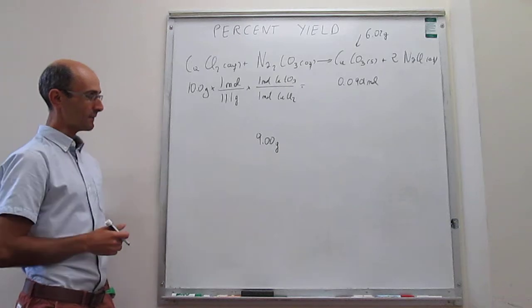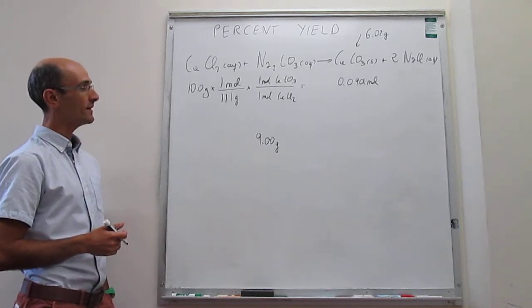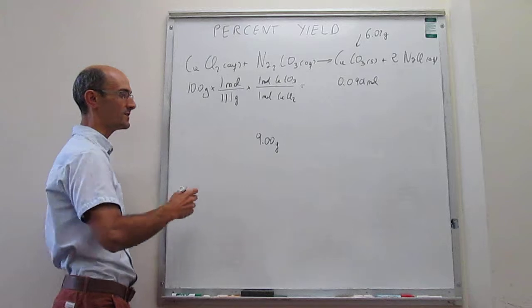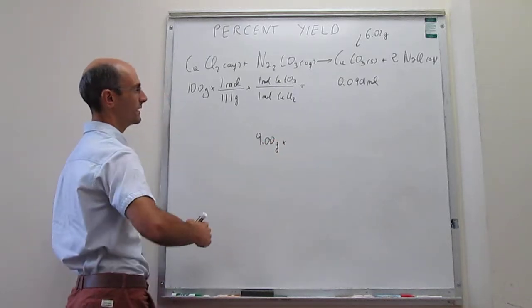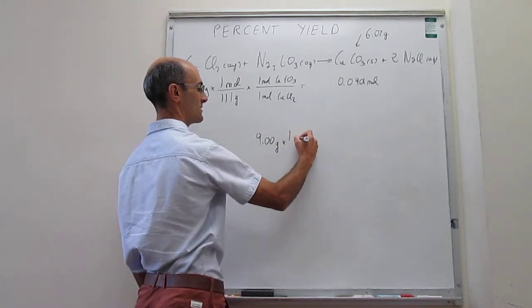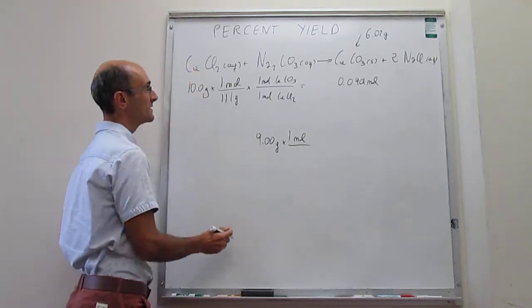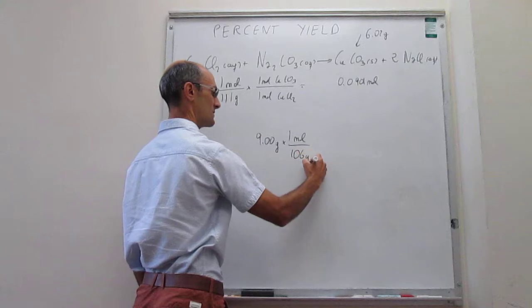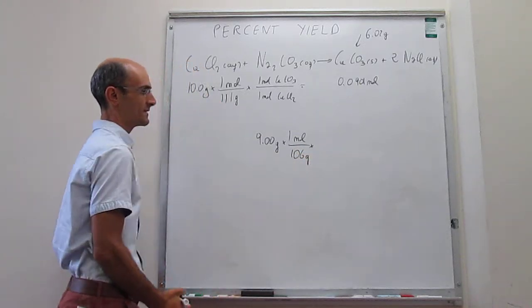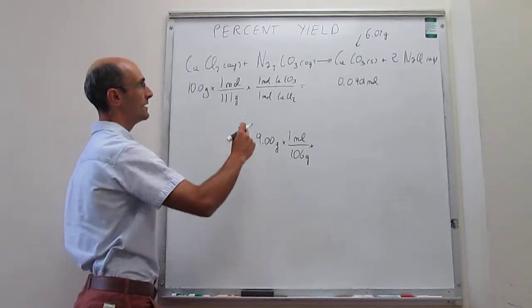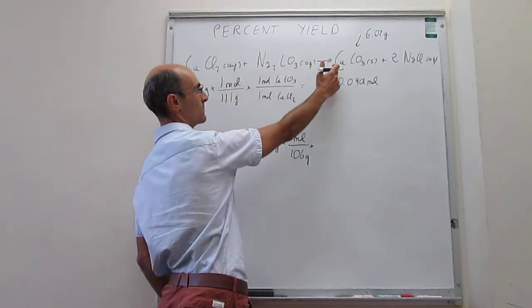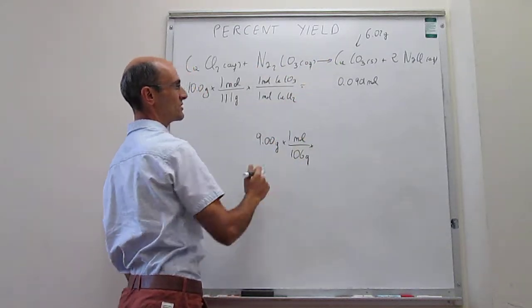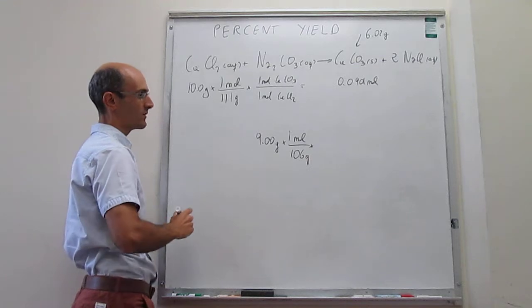We can do exactly the same calculation for sodium carbonate and see if this is the limiting reagent. And so we calculate first the number of moles, dividing over the molar mass. The molar mass of sodium carbonate happens to be 106 grams per mole. So this gives us moles of sodium carbonate, and then we do the stoichiometric calculation, right? There's a 1-to-1 relationship between the moles of calcium carbonate and sodium carbonate.